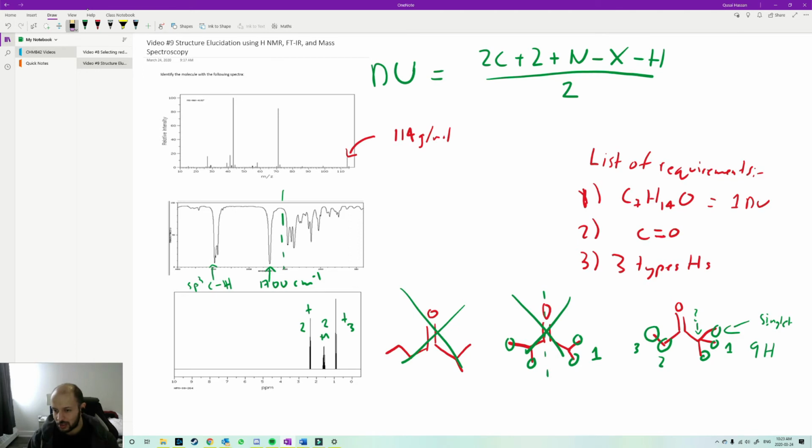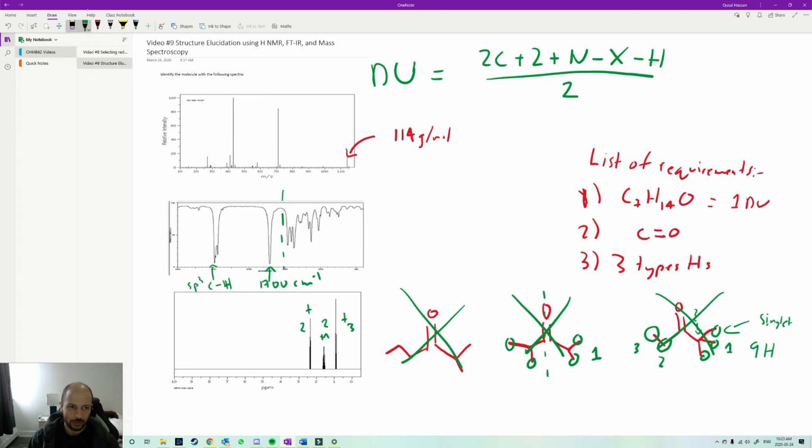But the problem is I don't have 6 equivalent hydrogens, right? I have these 9 hydrogens, which will give me a singlet, which I don't see in my spectrum. And I have this second hydrogen, which should give me a quartet, right? And this terminal one should give me a triplet. Well, I do see a triplet, but I don't see a quartet, right? So that just does not work at all.